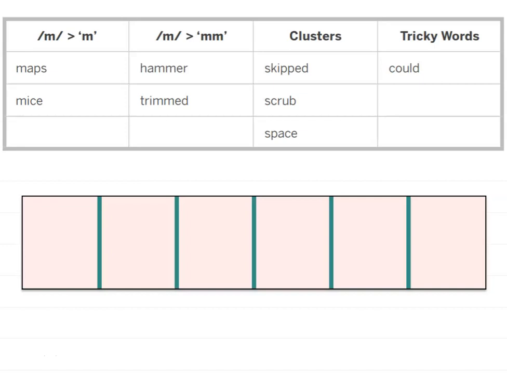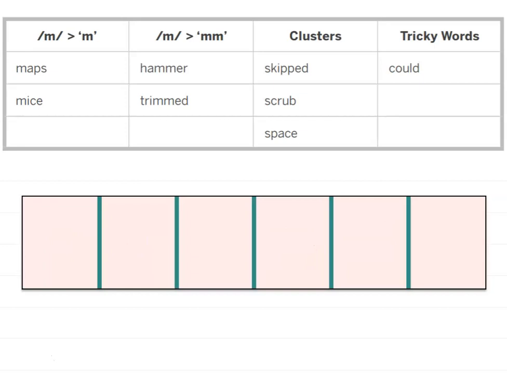The next word is trimmed. We have trimmed. The next word is skipped. Skipped. In this word, the ed is representing the t sound. Do you remember why? That's right, the p sound is unvoiced.